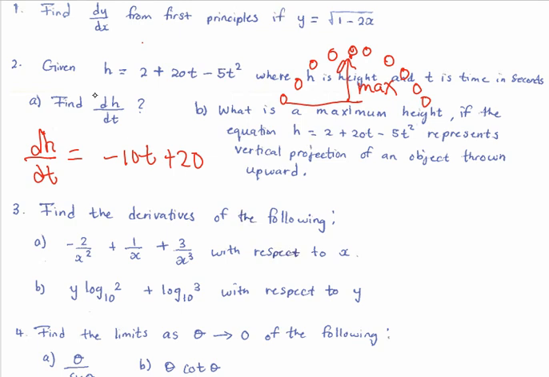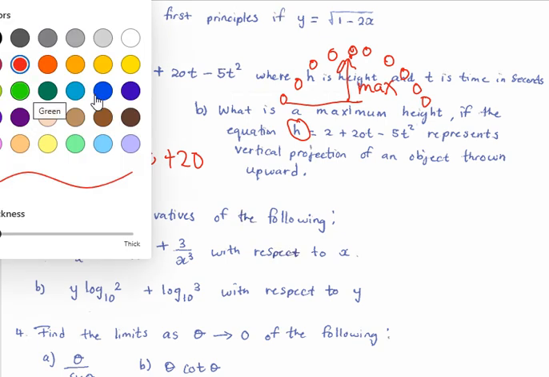So for us to find the maximum height, which is h here, we need to find at what time that maximum occurs. But for us to find that, we need to understand what we know about our maximum point.